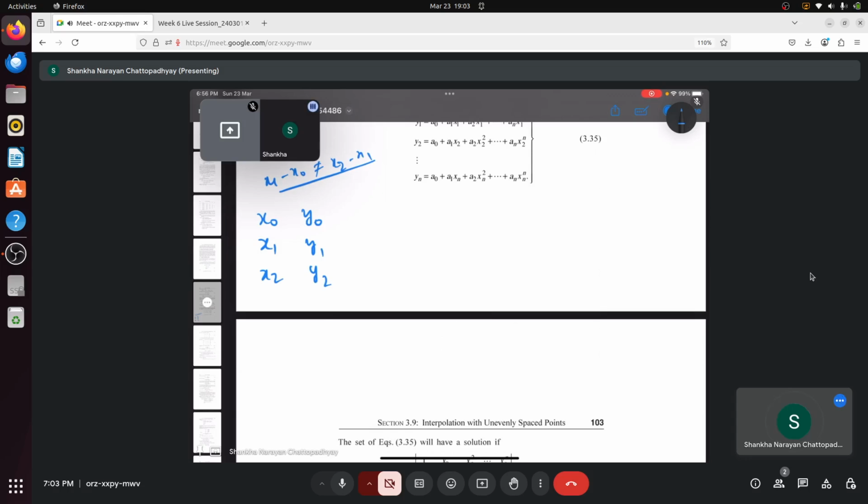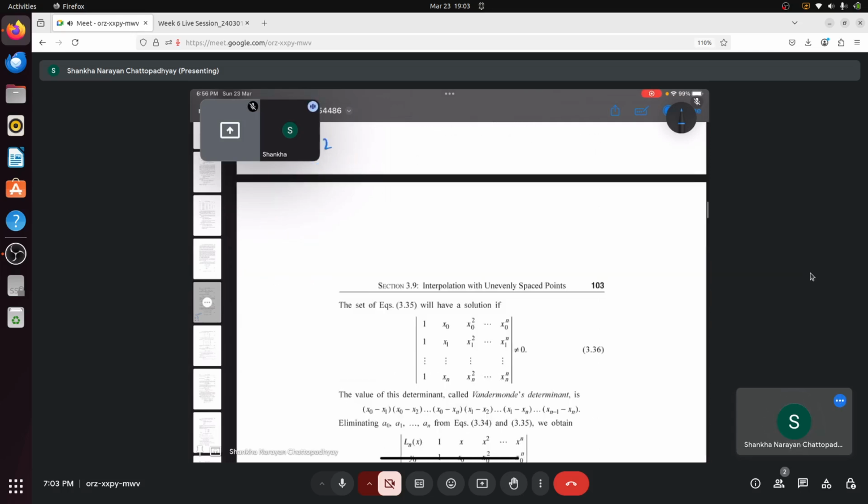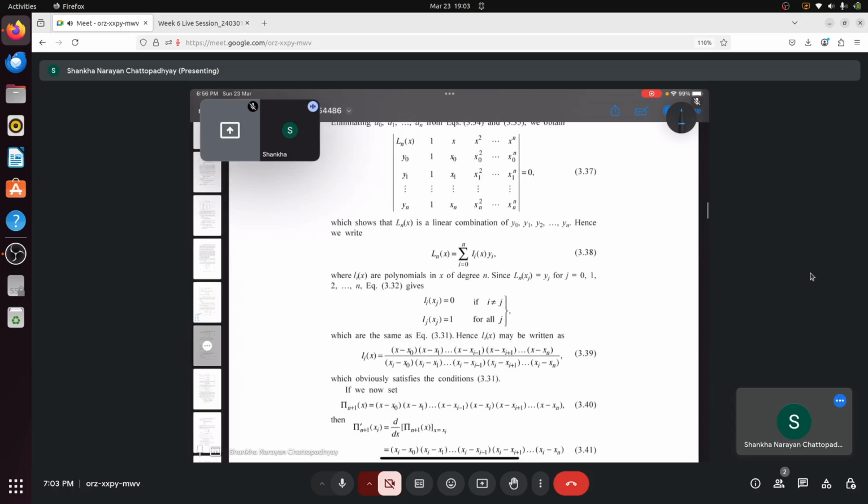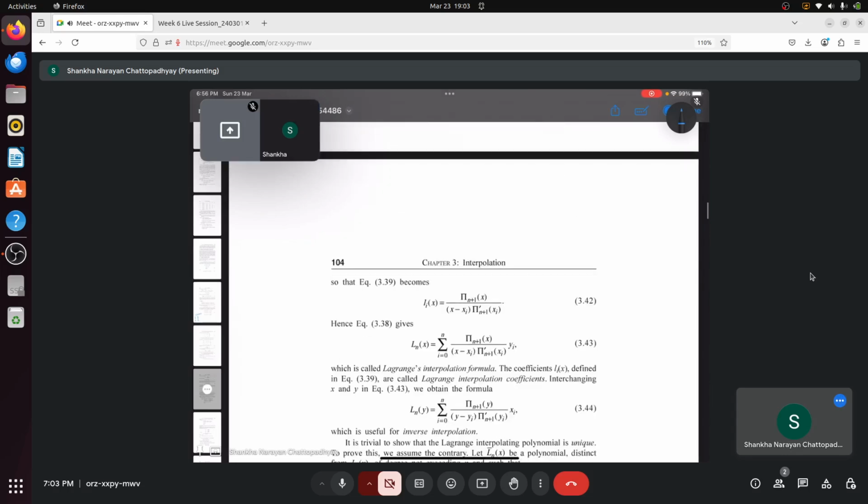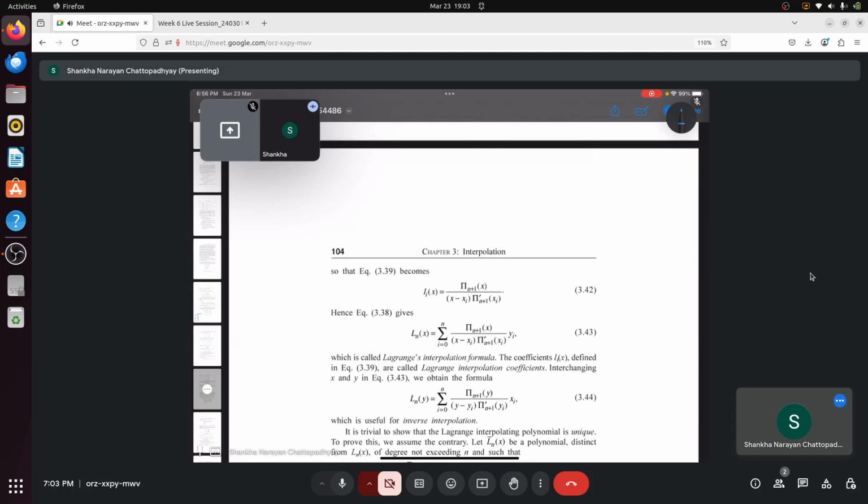So next, how to do? For this purpose you need to calculate the weight functions. It looks quite scary, but it is actually not.